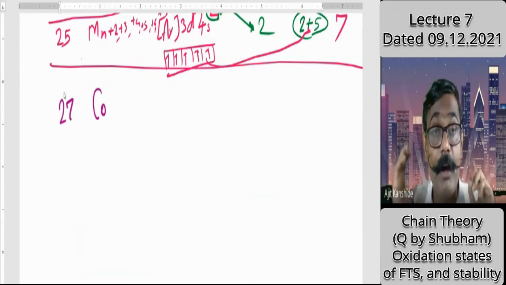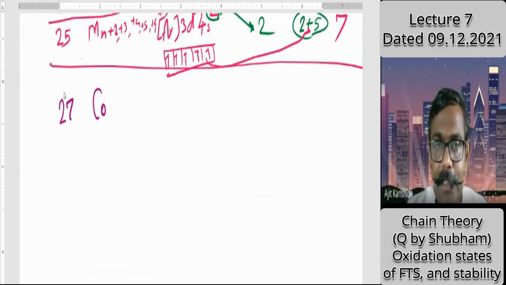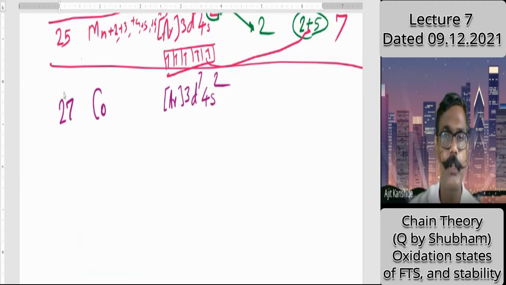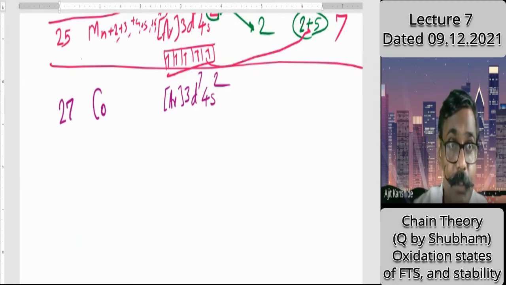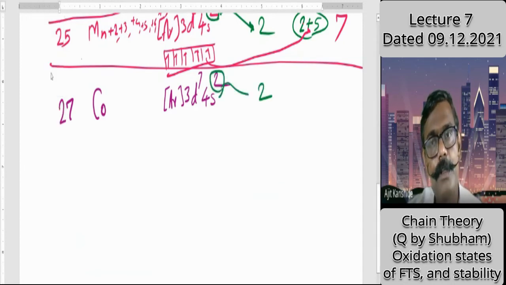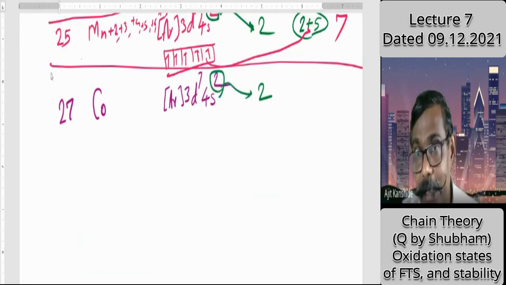Don't worry about mistakes, but you are tempted, which is a great thing. With 27 electrons, the electronic configuration is argon 3d7 4s2. So the minimum oxidation state will be +2 because 2 electrons are there in the 4s orbital. The maximum oxidation state will be 7.